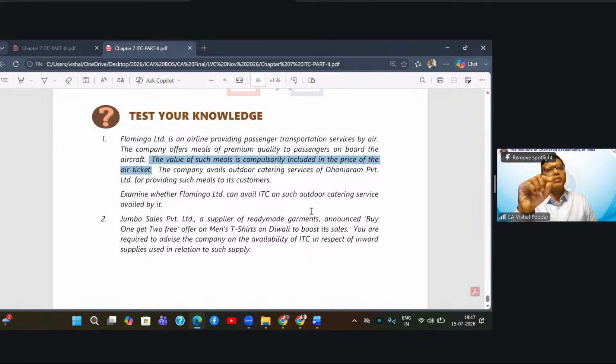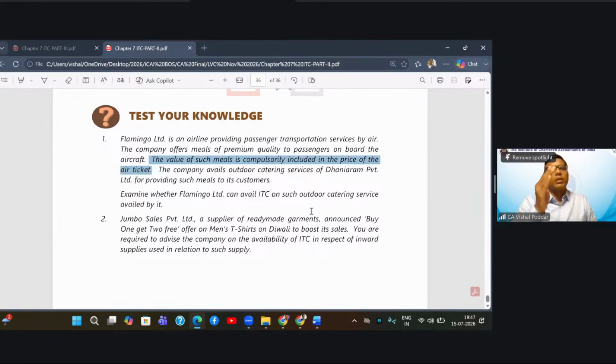And then I will give the final conclusive answer that since the value of these meals is included in the price of my ticket, it means this inward supply of outdoor catering service becomes the source of my outward supply, and hence it is an exception to 17(5). Hence the credit of this is not blocked under 17(5).